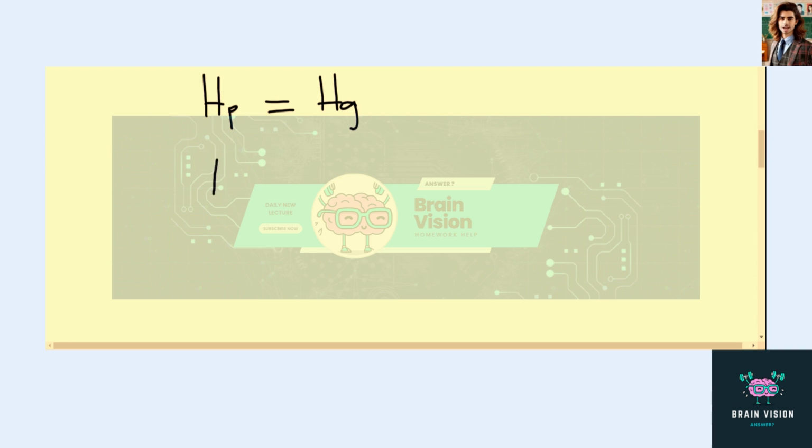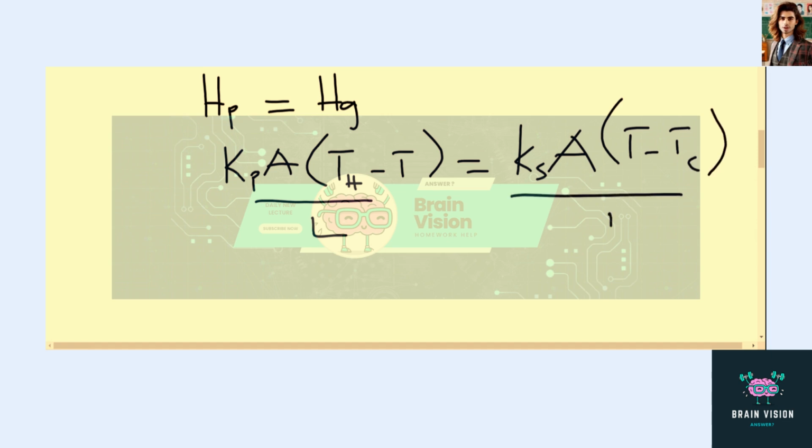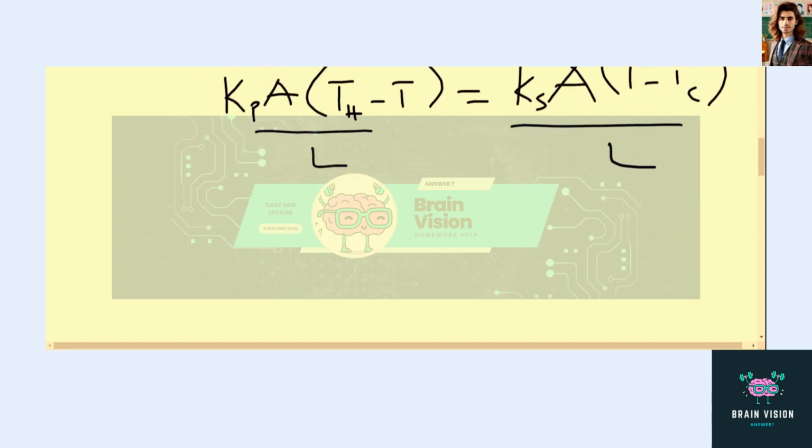So that of paper, K_P A times TH minus T divided by L is equal to K_G A times T minus TC, also divided by the thickness.